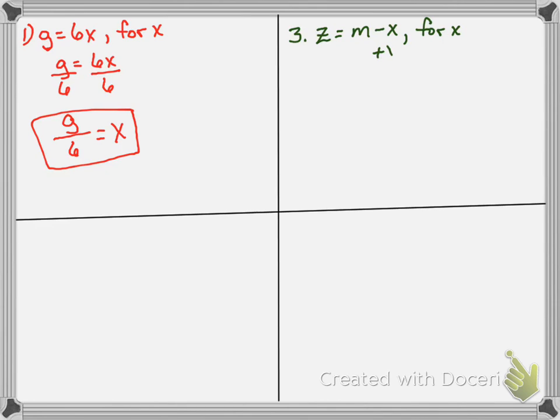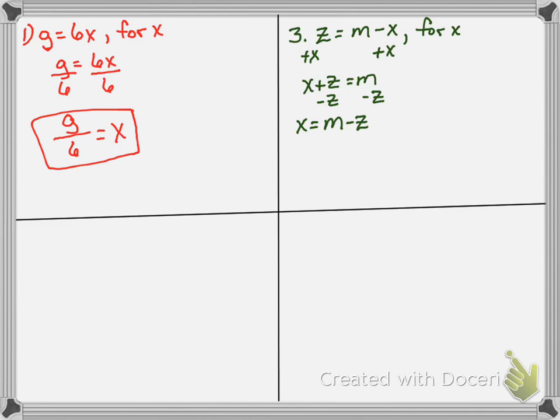We're going to start this first way by adding x to both sides so that we have x as a positive letter. So that gives me x plus z equals m. Now subtract z, and that gives me x is equal to m minus z.